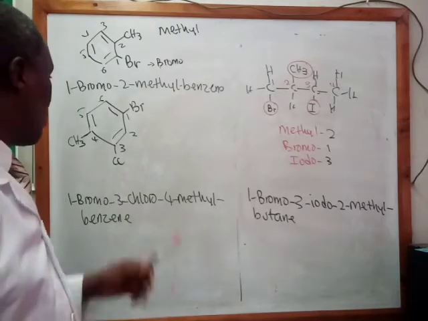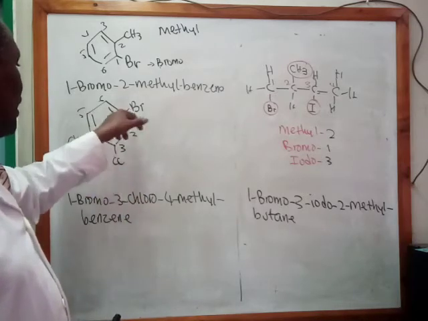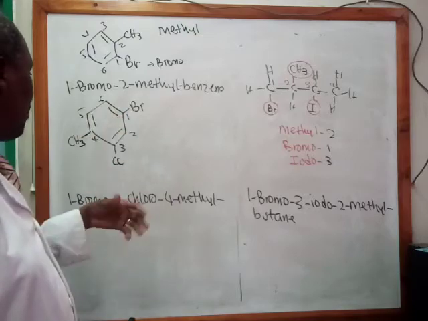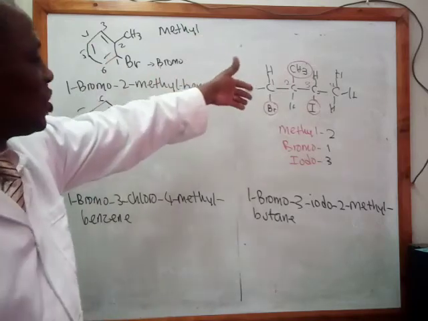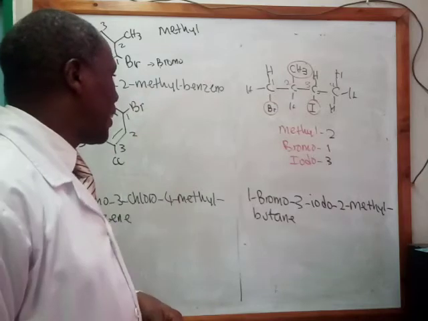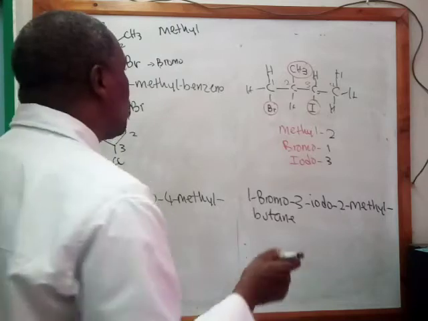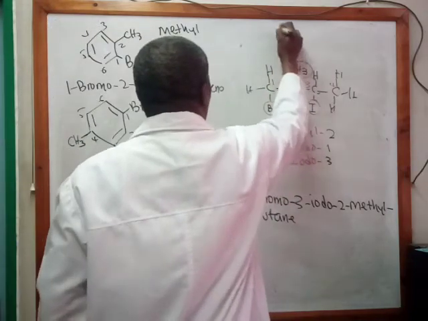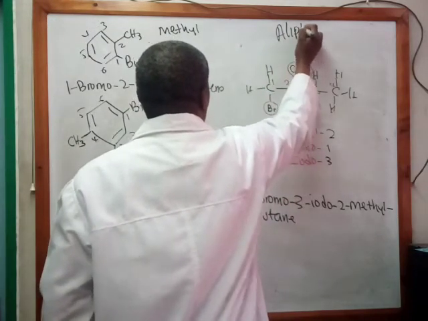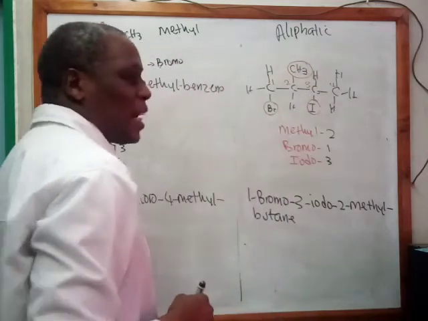So this is how you're going to be numbering if you've got a halogen on a benzene. In the other case, we had the halogen on a straight chain, which is called aliphatic. You're going to use the word aliphatic. It means you're talking about a hydrocarbon which does not have a benzene ring.